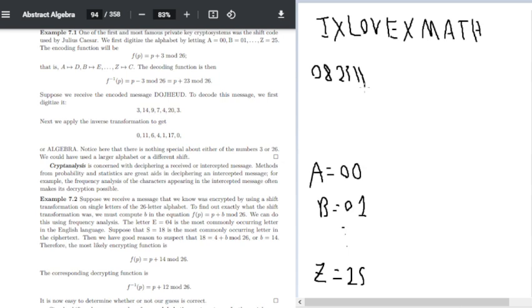Right, so 14 for O. Wait, let me just open up Google real quick to search.